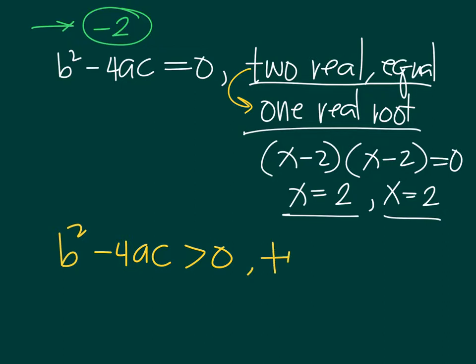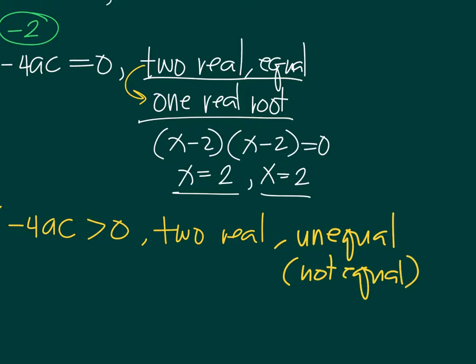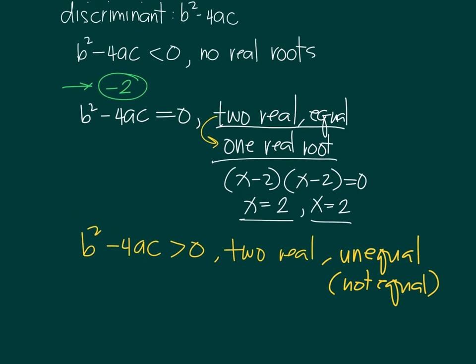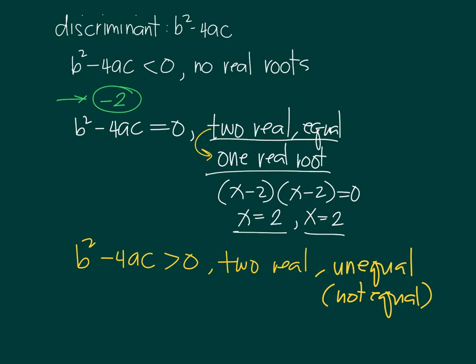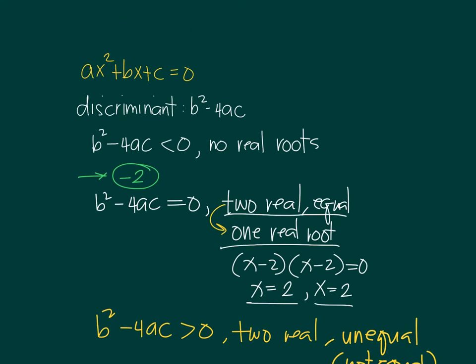Well, we say there are two real, but these roots are not equal. So unequal roots, two real but unequal, when b squared minus 4ac is greater than 0. These are the things that we should know to determine the nature of the roots, and we call this b squared minus 4ac the discriminant.